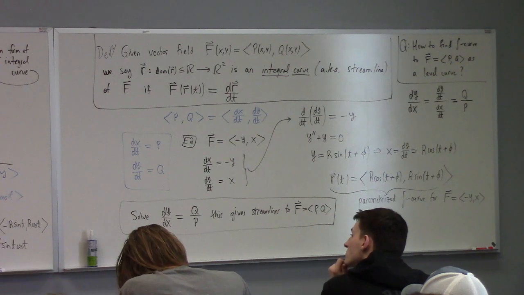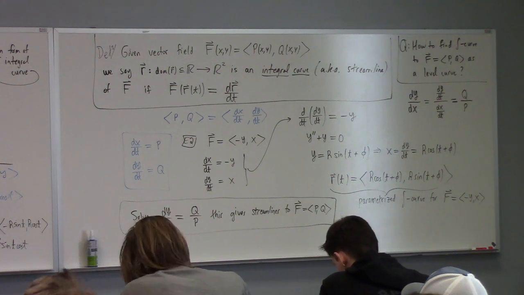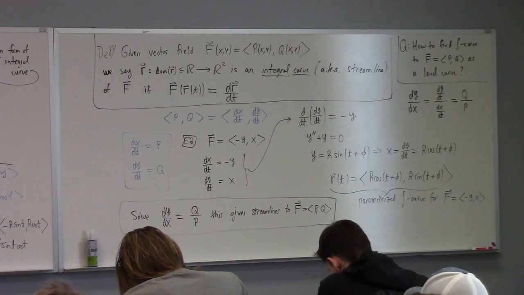Great, so can you guys solve this? You're like, I wish my homework was this easy, right? No, there are some hard problems in the homework. Minus y dy is equal to x dx, separate and integrate.